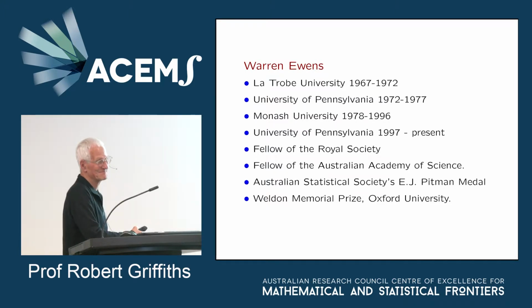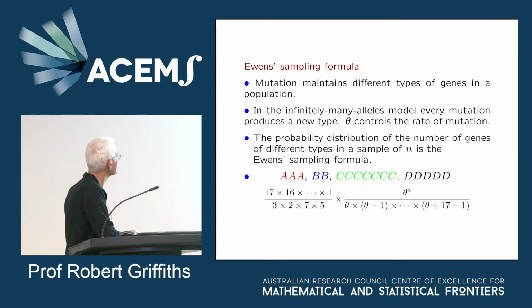He's Australian, but he's in Pennsylvania permanently now. He was at the University of Pennsylvania, then at Monash University, then back to the University of Pennsylvania, and he's there at present. He's a fellow of the Royal Society and the Australian Academy of Science. He won the Pitman Medal and the Weldon Prize Medal. But he certainly was originally Australian.